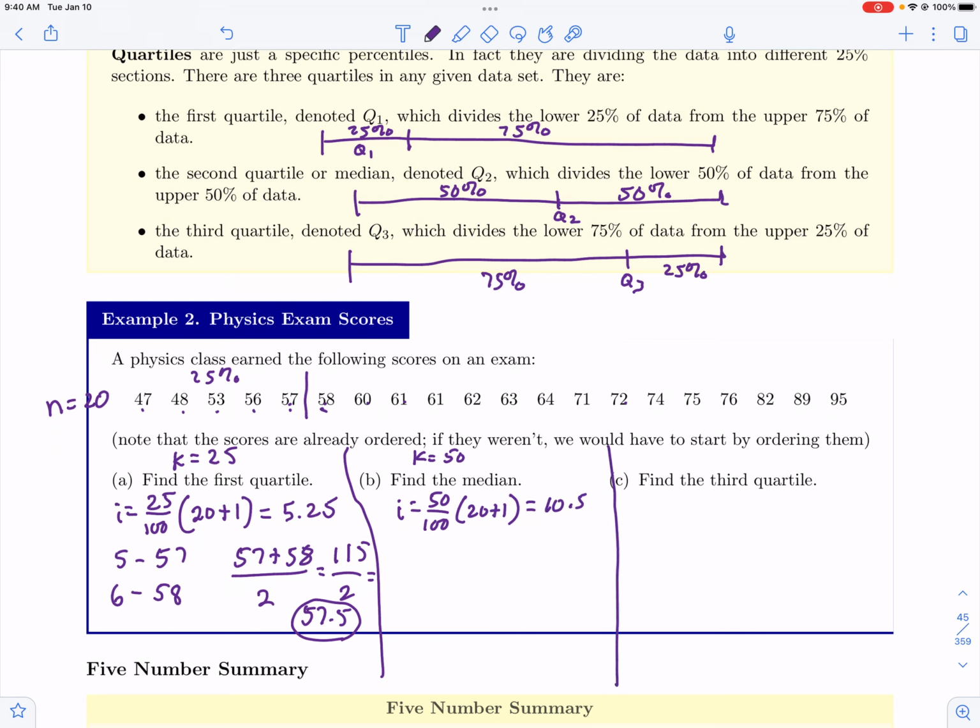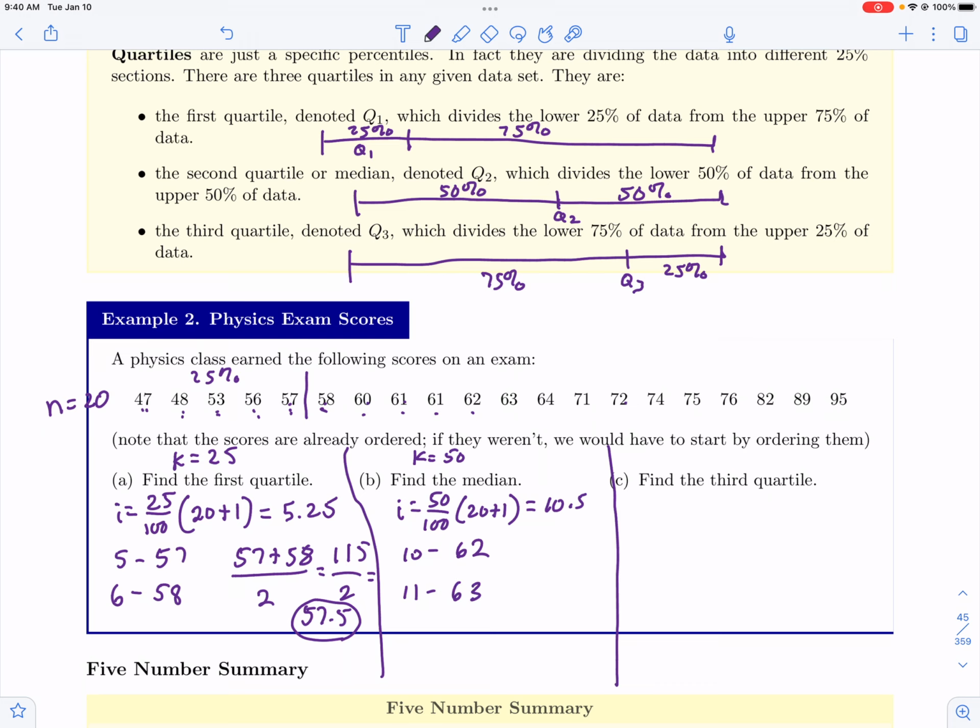So again, another decimal, so we're going to have to take our lower number and our upper number and figure out where they're located on our list. And so with this one, we've got 1, 2, 3, 4, 5, 6, 7, 8, 9, 10. So 62 is in our 10th position.